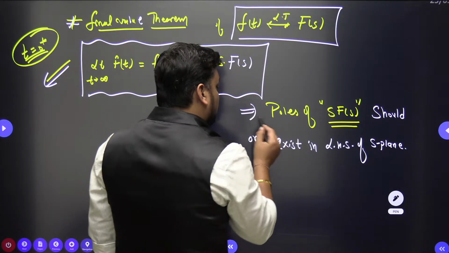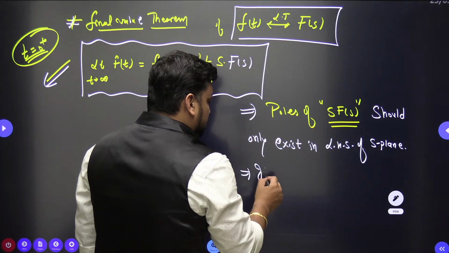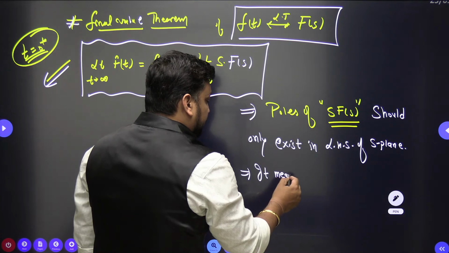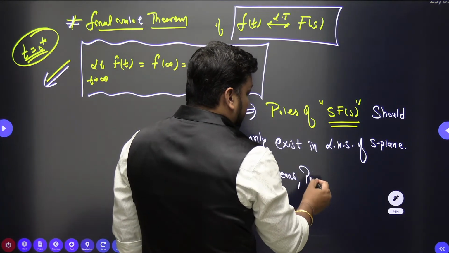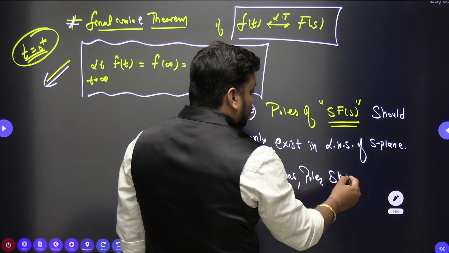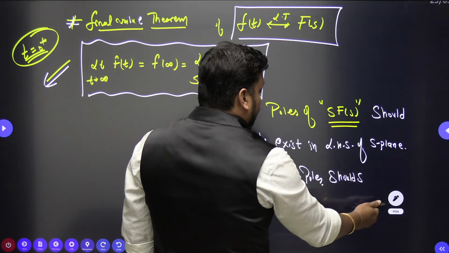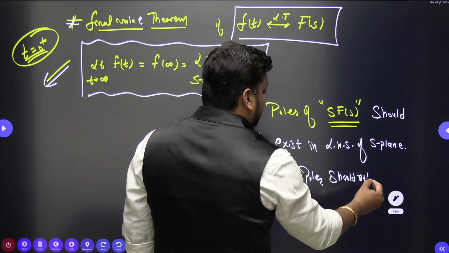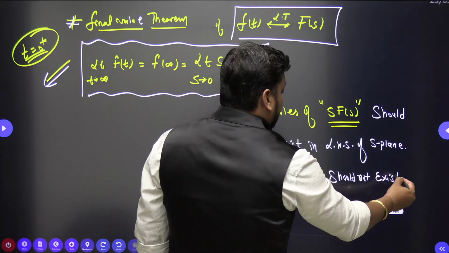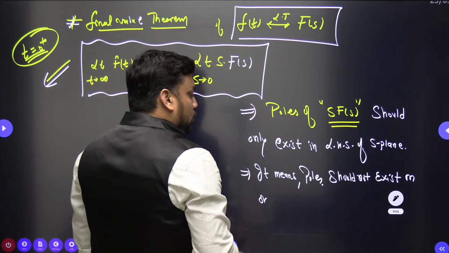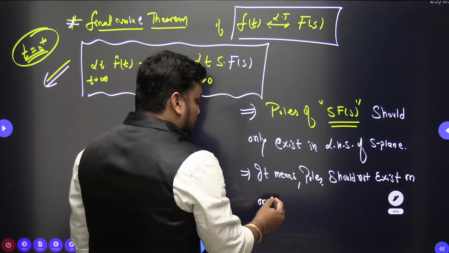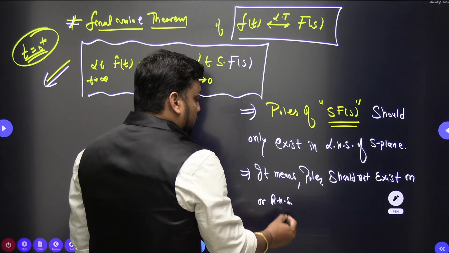It means the poles should not exist on or in the right hand side of the imaginary axis.